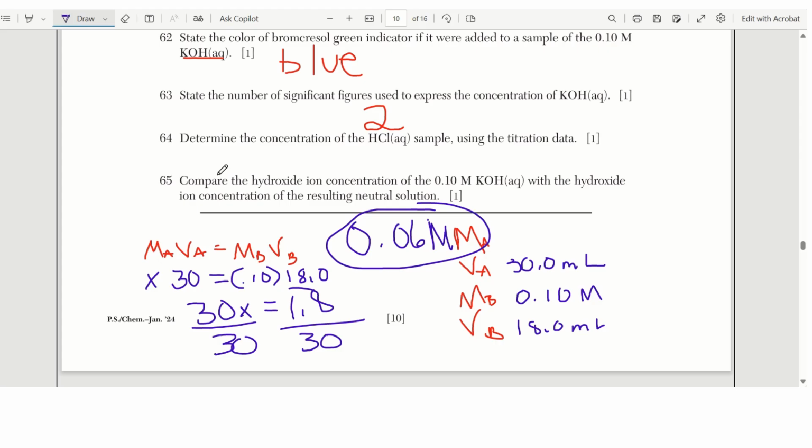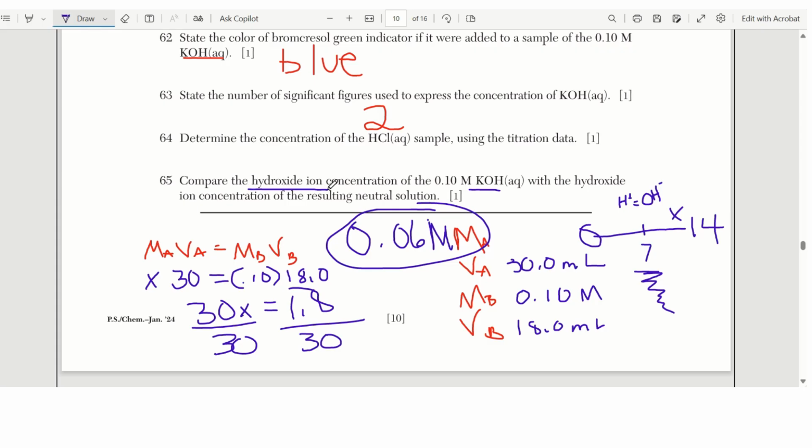Okay. Number 65, compare the hydroxide ion concentration of the 0.1 molar KOH with the hydroxide ion concentration of the resulting neutral solution. Well, this we said, remember, was a base. So on the pH scale where 7 is neutral, KOH is over here between 7 and 14, right? Now it says the resulting solution is neutral. When it is neutral, we have H pluses equal to OH negatives, but that's not what it's asking us, okay?